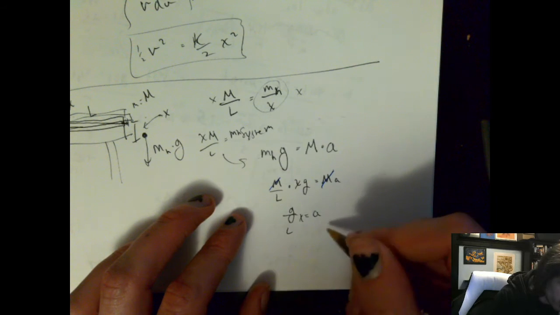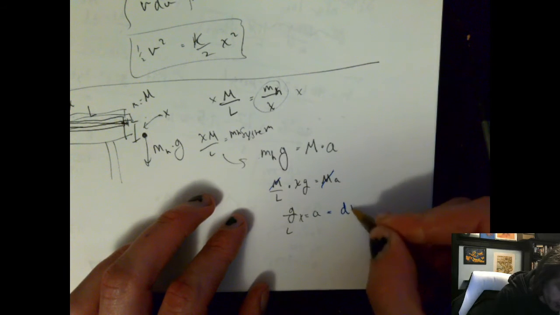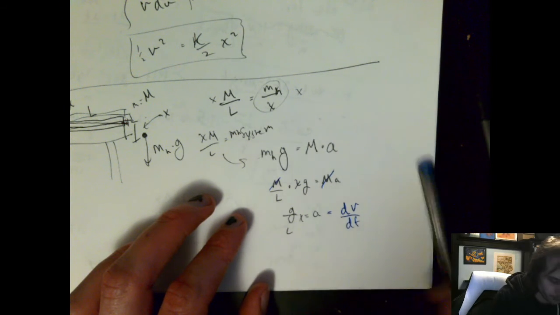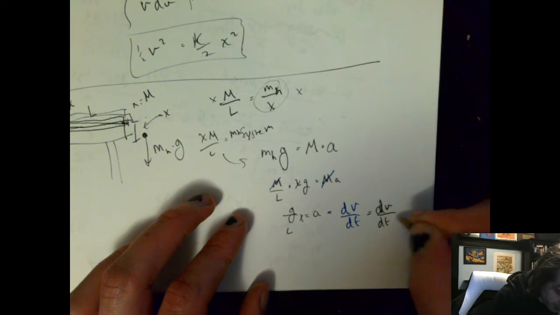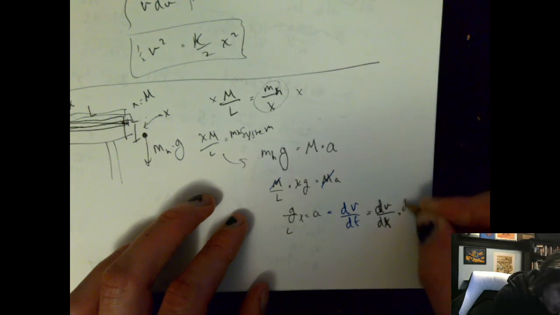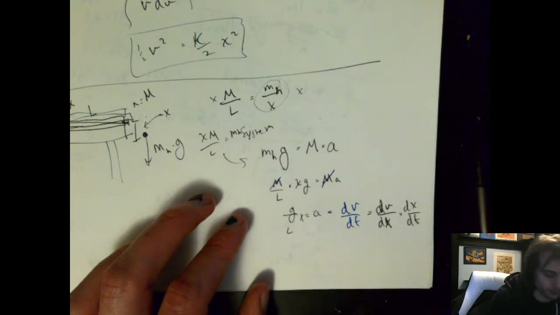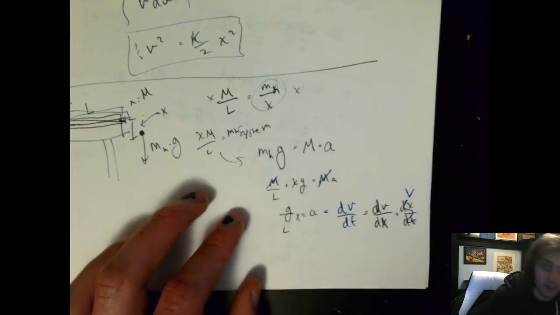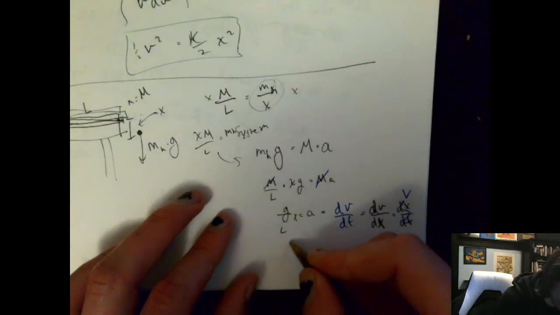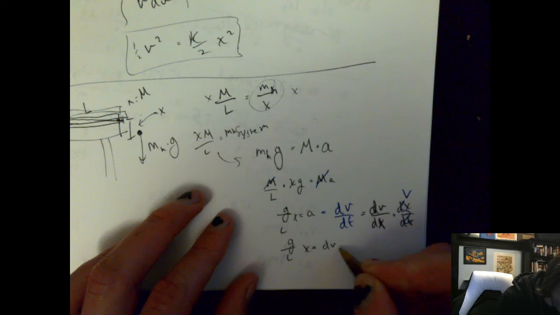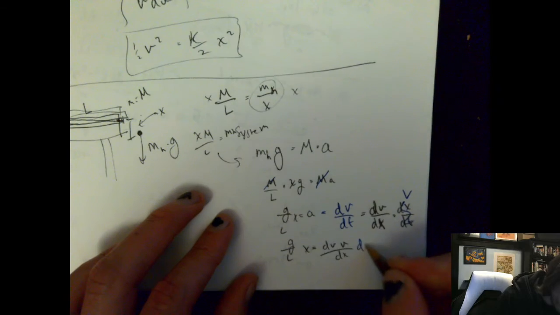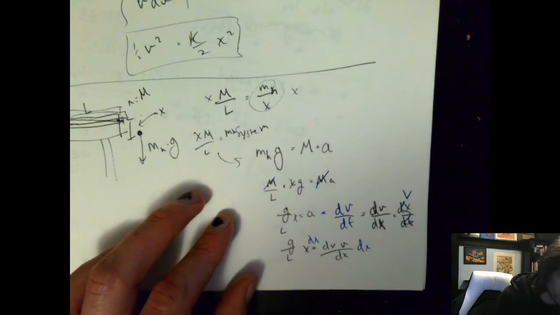We're going to say that our acceleration is equal to the derivative of velocity with respect to time, and that's equal to the derivative of velocity with respect to x times the derivative of x with respect to time, which is velocity. When we've done that, what we'll wind up with is that G over L times x is equal to v dv over dx. Multiply each side by dx, integrate, and we're done.